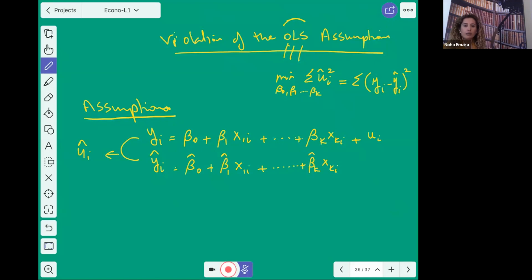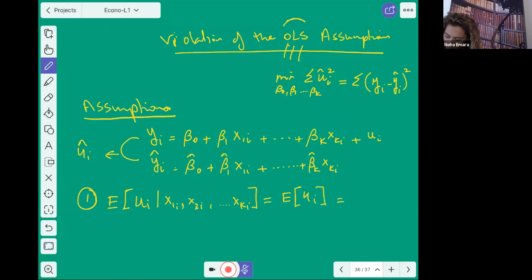So this OLS assumption is based on a very important condition, which is that the expectation of the errors given x1i, x2i, x3i, and keep going, xki, is simply equal to 0.